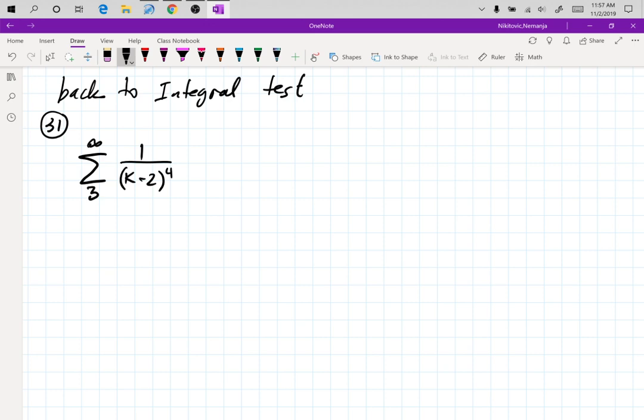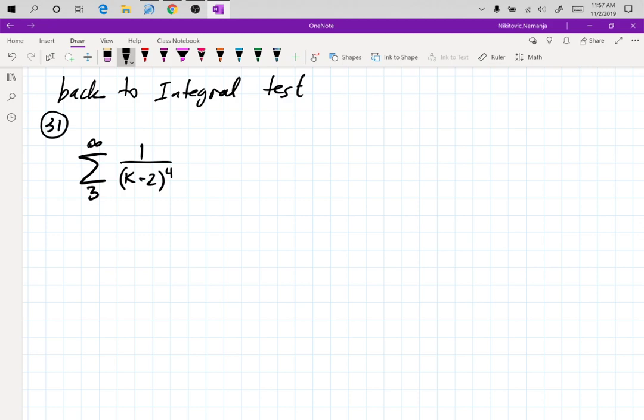All right, so how do you recognize integral test? Well, you can integrate easily. And this 1 over k minus 2 to the 4th power is something that you should be able to integrate using what? This is a Calc 1 question. U-sub, basic U-sub, right?